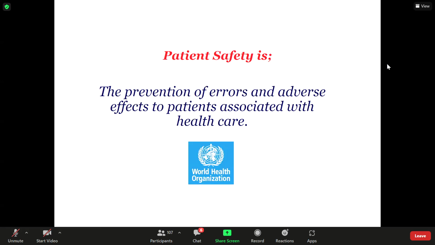So patient safety is the prevention of errors and adverse effects to patients associated with healthcare. My question here: how can we differentiate between errors and adverse events? What's the difference between medical errors and medical adverse effects or adverse events?